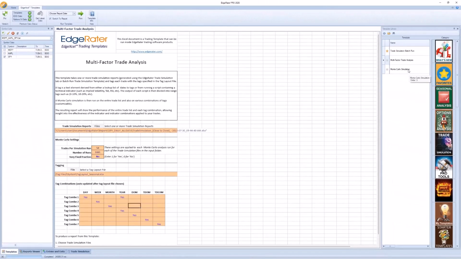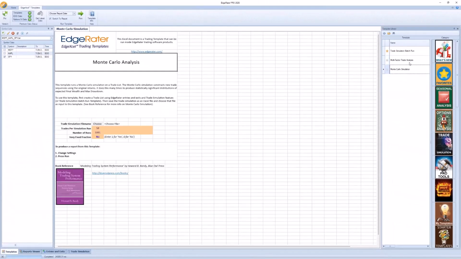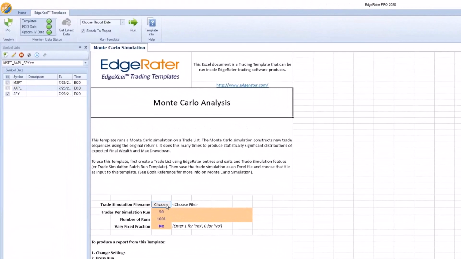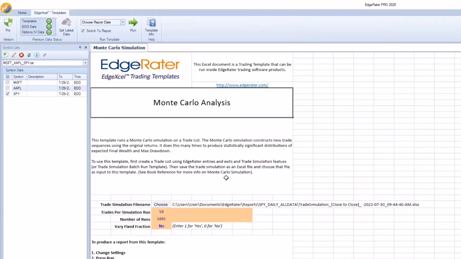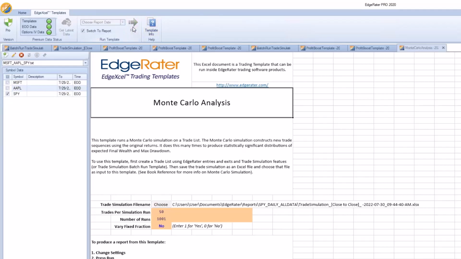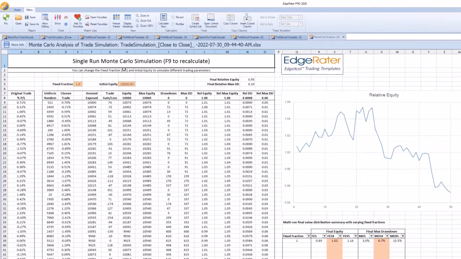If we come just into Monte Carlo simulation, and I choose a simulation file, and I'll choose SPY. Let's choose SPY all data close to close. Okay, and then I could choose here my settings, simulations per run, number of runs, and I'll just say run. Okay.